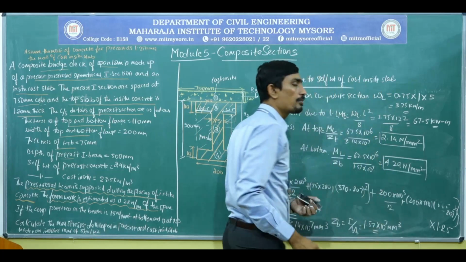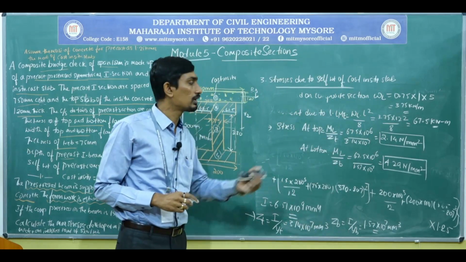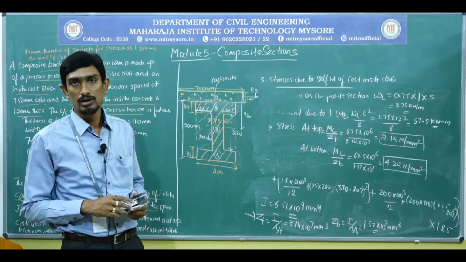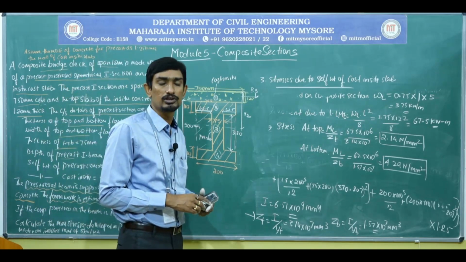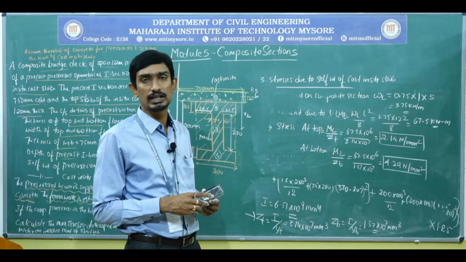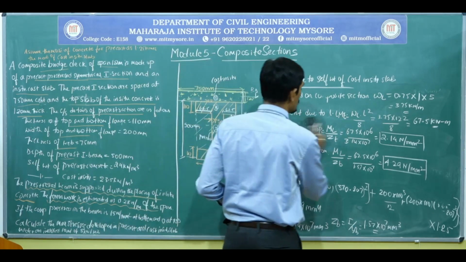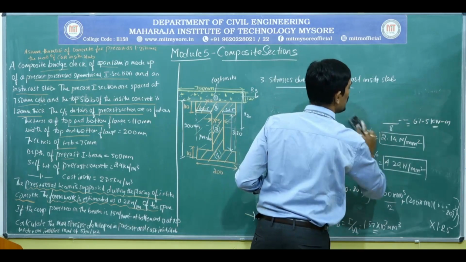If it is an unpropped one, I would not have required this. First I would calculate that and then go with the composite. But because of this propped case, first I need to know the composite section dimensions, then I need to calculate the stresses.